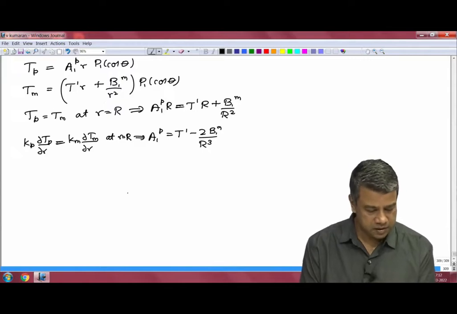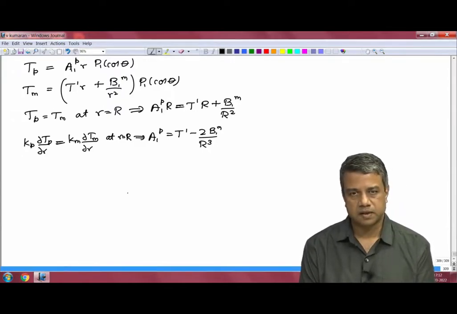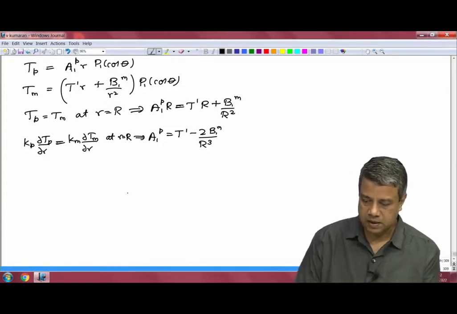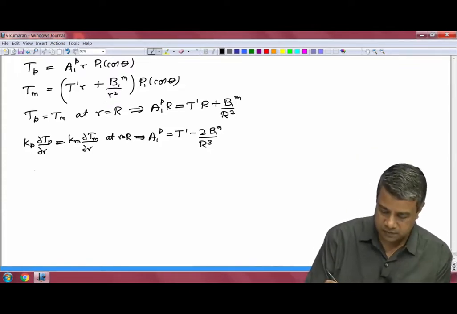These are two simultaneous equations that can be solved for these coefficients A1P and B1m in terms of T prime.